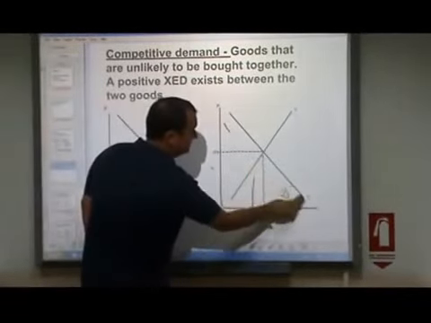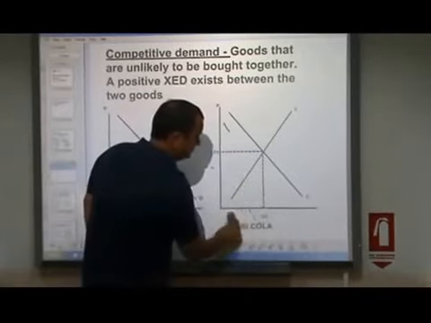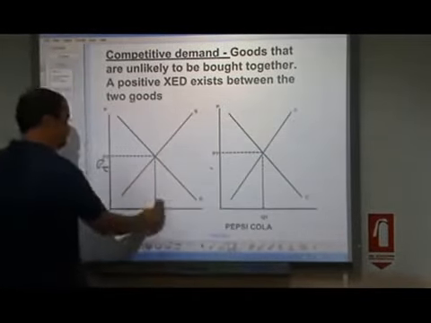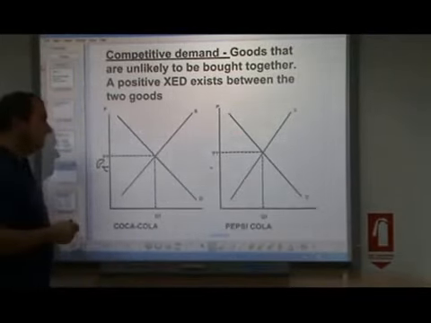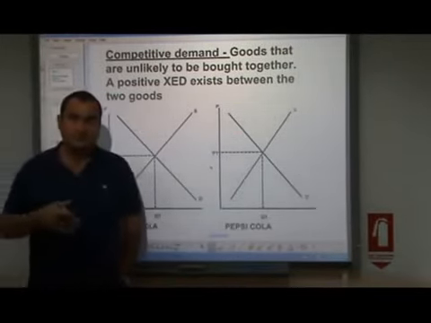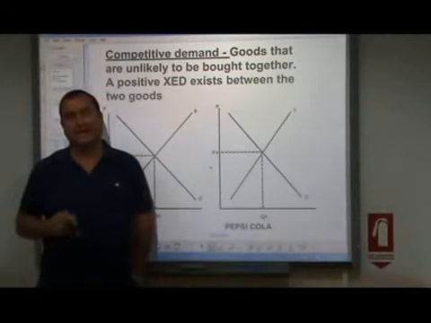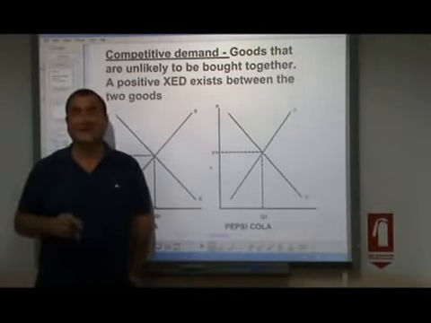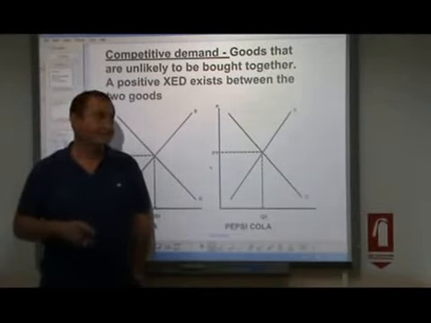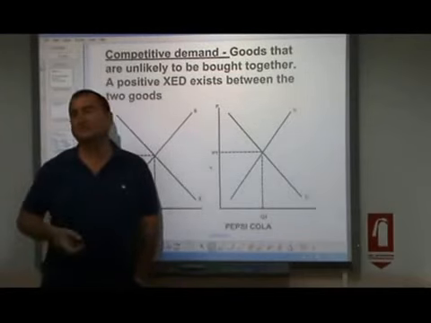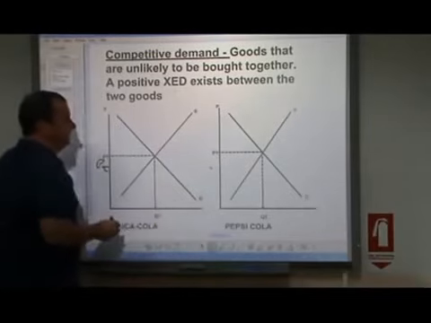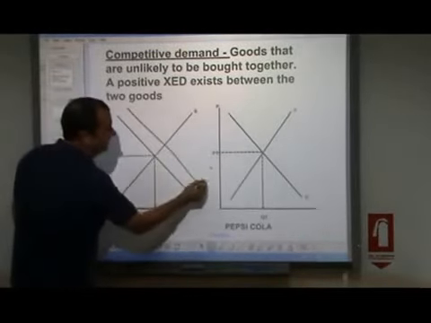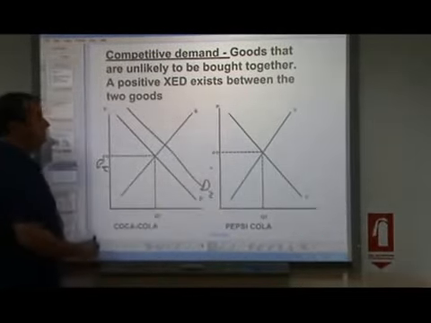So let me just clean up the diagram and look at a change in demand. If Coca-Cola produced one of their successful marketing campaigns, maybe it's near Christmas and they are able to link their product with Father Christmas and happiness and families being all happy at Christmas and children smiling, and the demand for Coca-Cola rises.